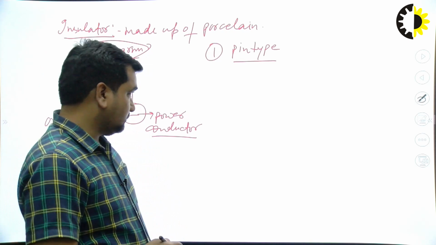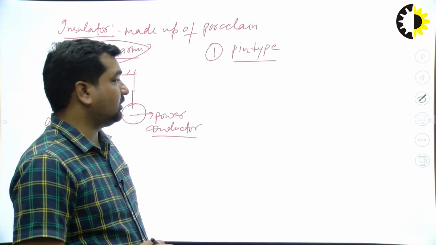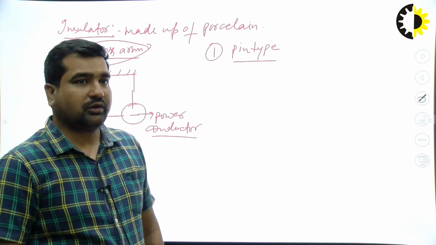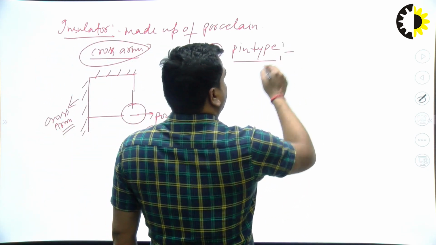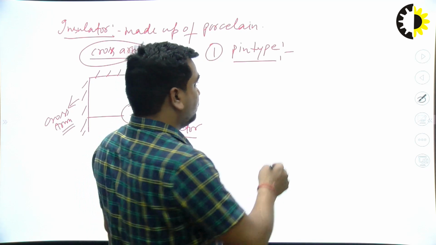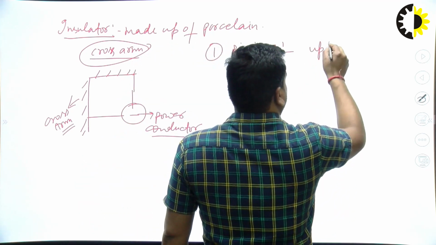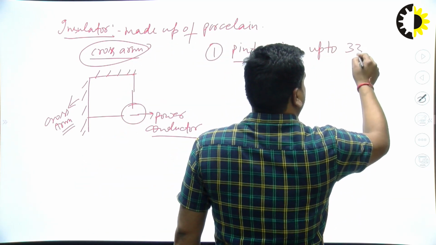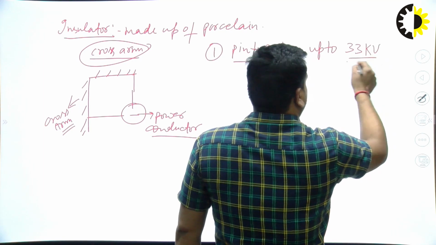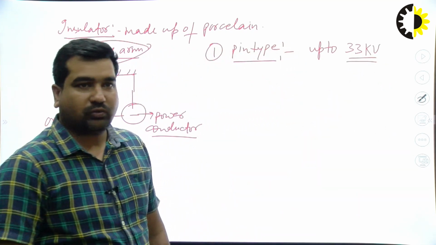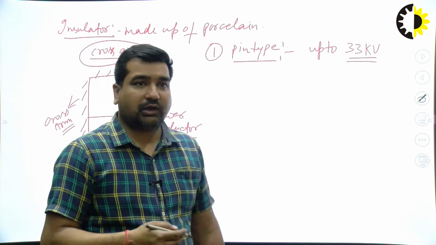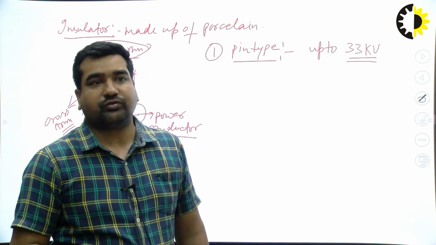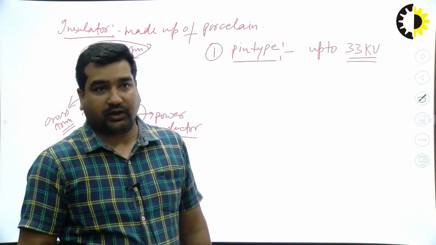The pin type insulator is an old insulator, and we use it for a maximum voltage of up to 33 kV. If we use a pin type insulator above 33 kV, the cost of the insulator goes very high.